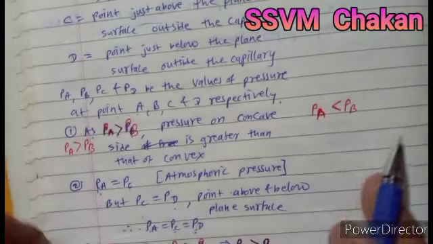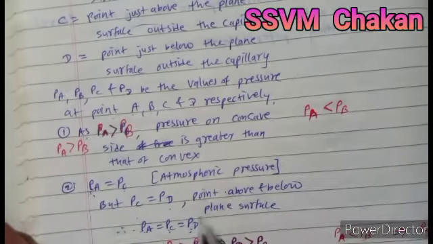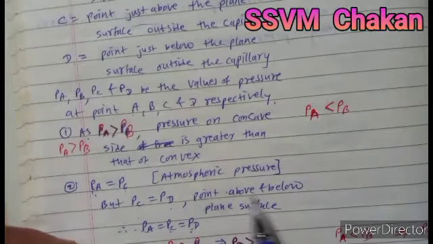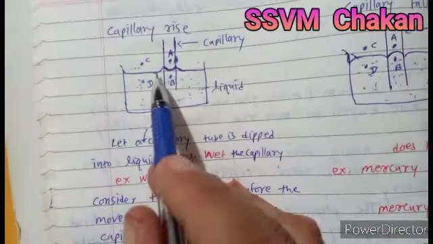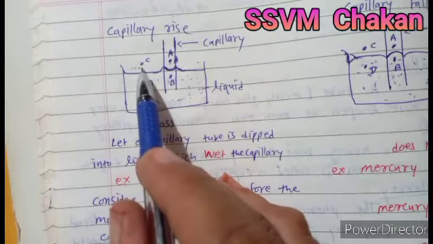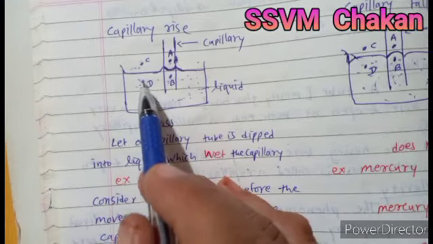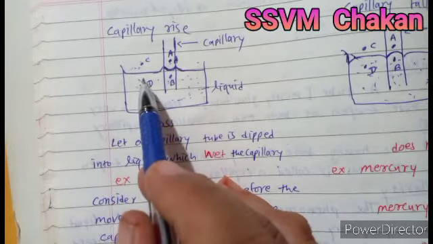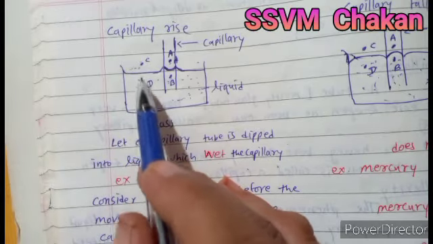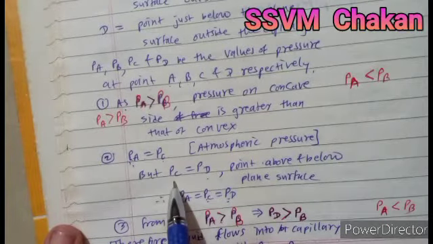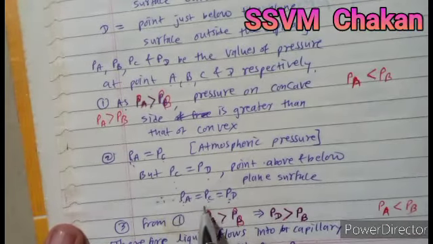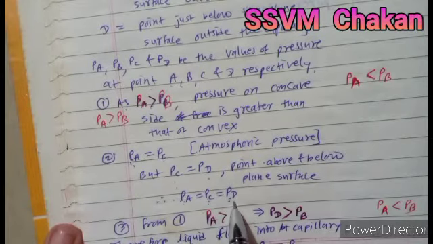Also PC is equal to PD, the points above and below the plane surface. When the surface is plane, the pressure above the surface and the pressure at a point inside the liquid just below it are the same. So PC is equal to PD. From these two, we may write PA, which is equal to PC, is equal to PD.